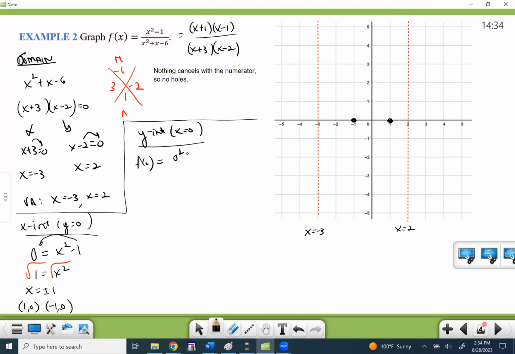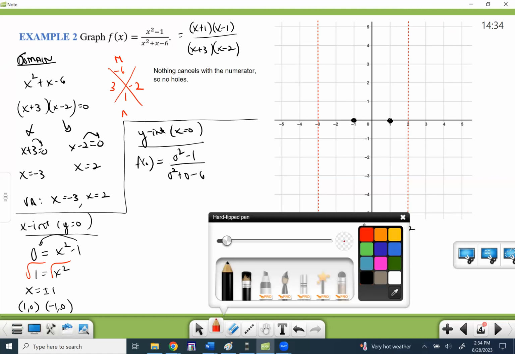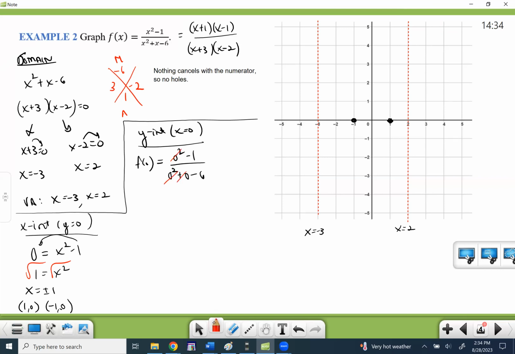Okay, so 0 squared minus 1, over 0 squared plus 0 minus 6. And I probably won't on the next one write it out. I mean, it's kind of new and fresh, so I just want to make sure I'm not confusing anybody. All right, so (0, 1/6) is where. Now 6/6 would be 1, so 1/6 might be like right there. Okay, so we got our y-intercept.